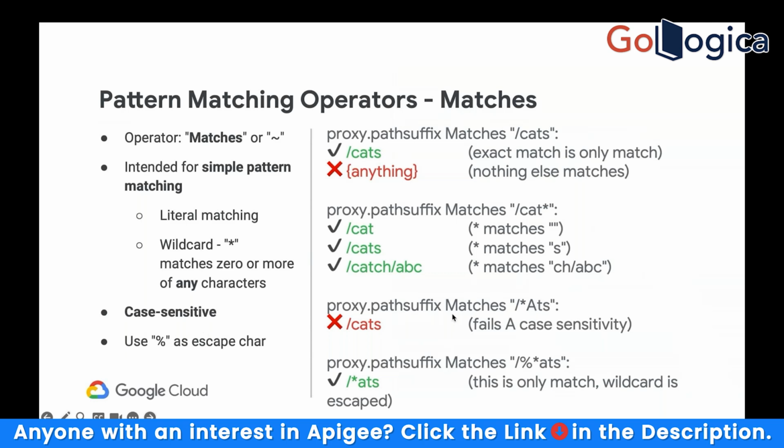And if you want to treat star as a star character, not as a wildcard, because by default Apigee will treat star as a wildcard, but you want to treat it as a normal asterisk character, then you can use percent asterisk. Percent is the escape character. So it will match the literal star, like this, and it will not match cats or something else.